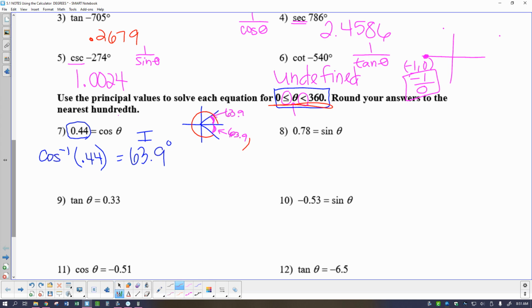So I gotta do, if I make this whole circle, right, that's 360, and I take away 63.9 degrees, that will give me my other angle measure that ends up in the fourth quadrant. And that comes out to be 296.1 degrees.